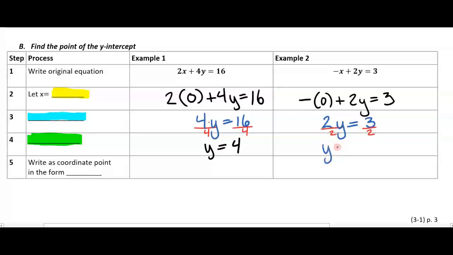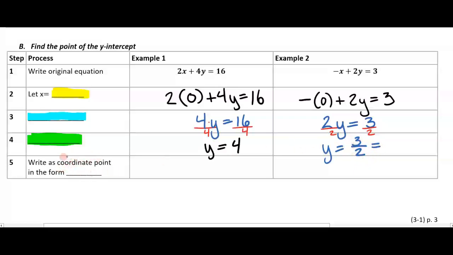So I get y equals 3/2, which is okay. My intercept might be a fraction or a decimal. That's all right. When we're plotting points, this is one of the few times I do decimals instead of fractions. If this is a coordinate, it usually makes sense to write it as a decimal. So I'll actually do that in our final step.